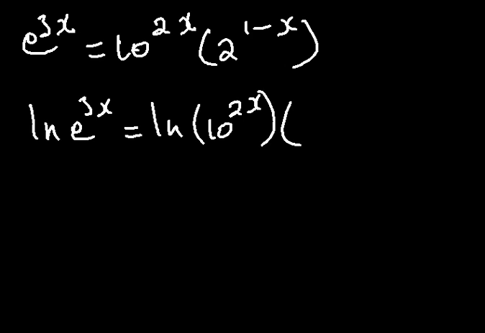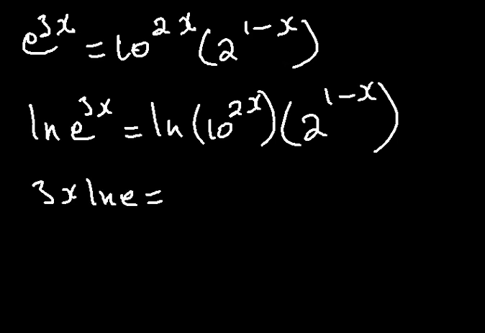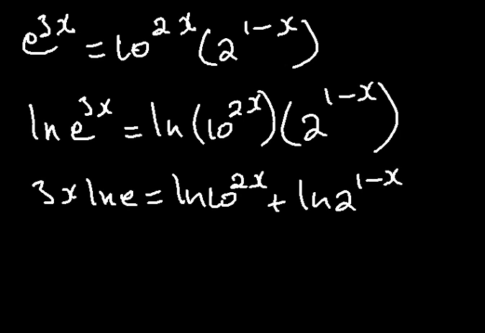times 2 to the power 1 minus x. Using the laws of logarithms, we'll have 3x ln a, which is equal to, now since we are multiplying here, it is the same as adding, so we have ln 10 to the power 2x plus ln 2 to the power 1 minus x.